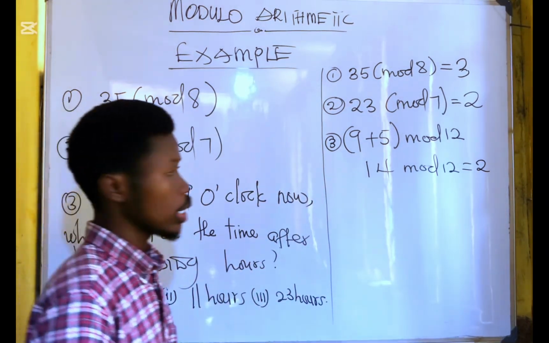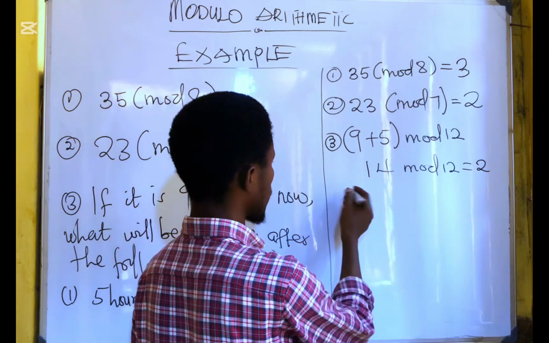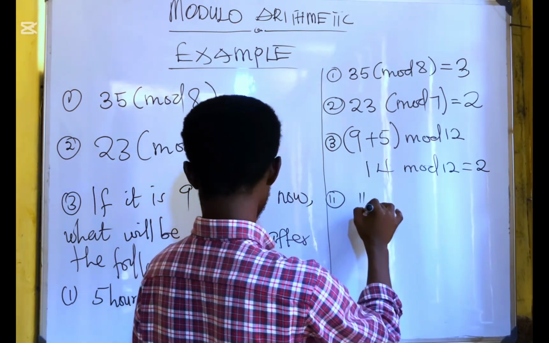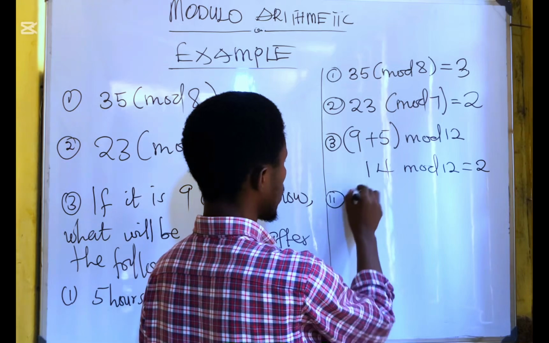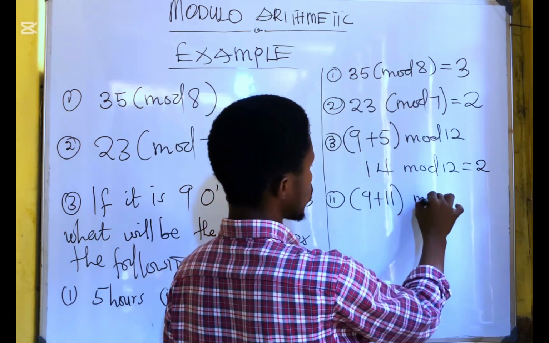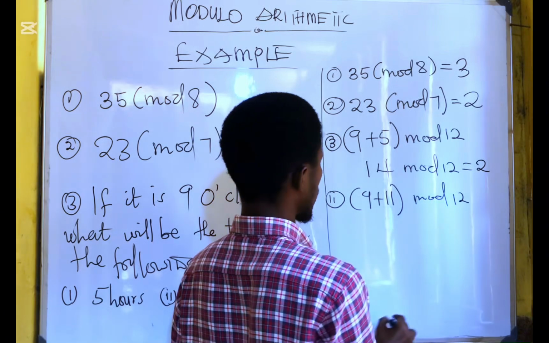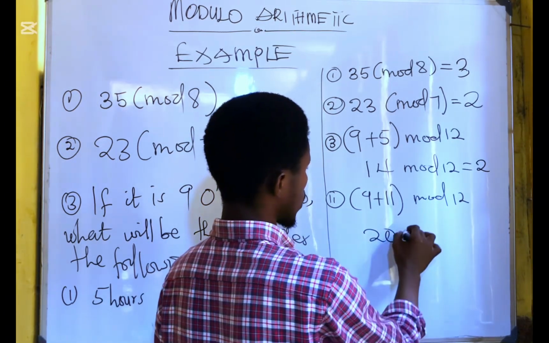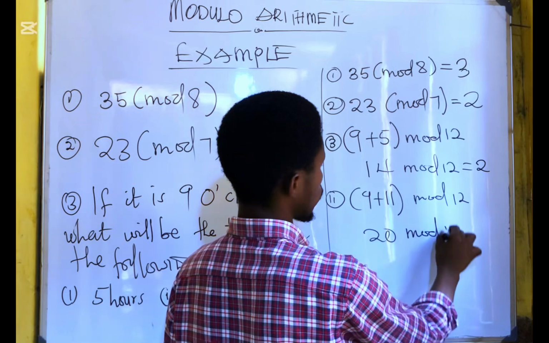11 hours. So after 9 o'clock, what happens? So that is going to be 9 plus 11 mod 12. Is that okay? So 9 plus 11 is 20, mod 12.